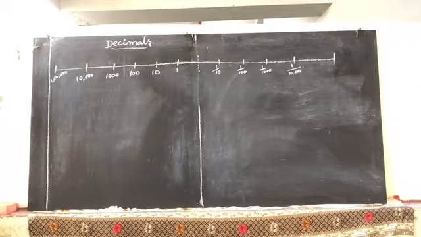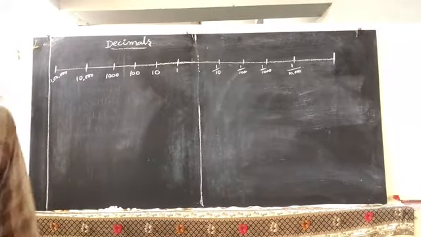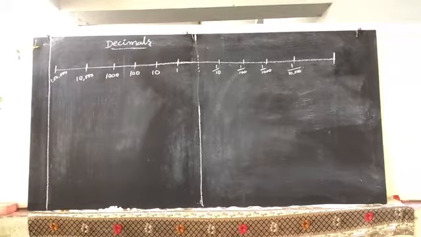That means 1 lakh divided by 10 gives 10,000. The next lower than the 10,000's place is the 1000's place. The next lower than the 1000's place is 1000 divided by 10, which is equal to 100.